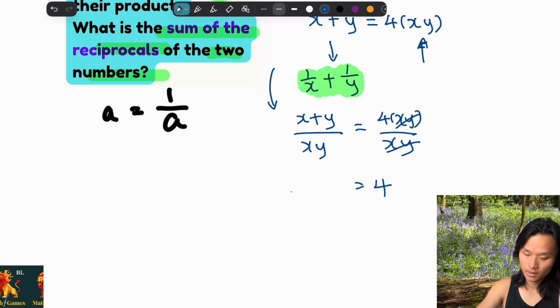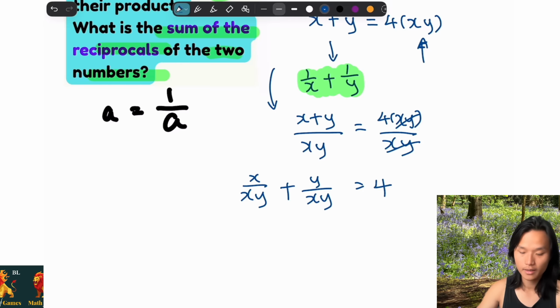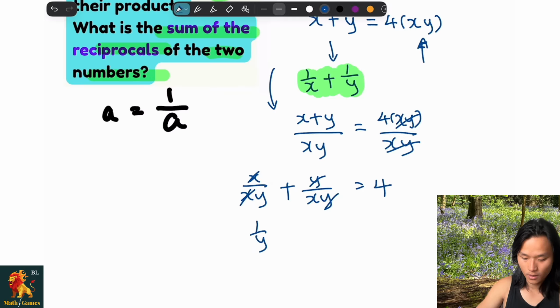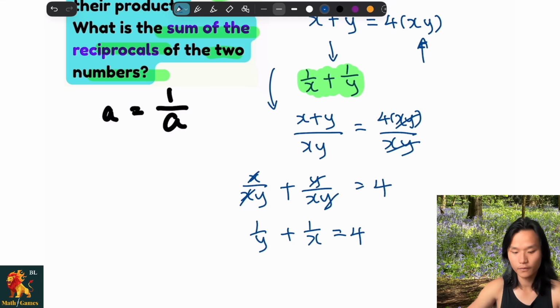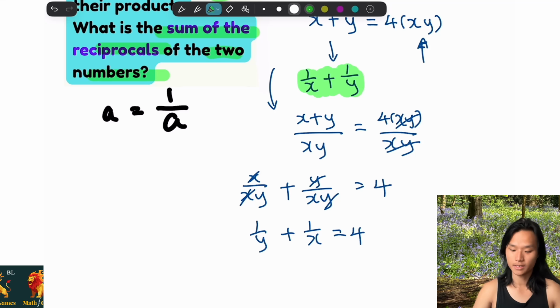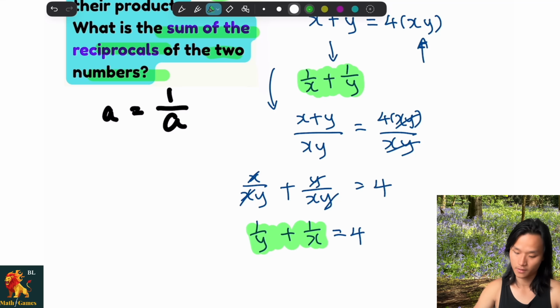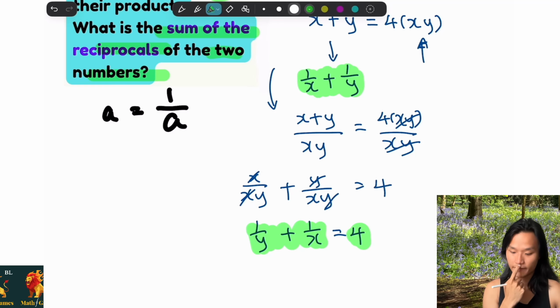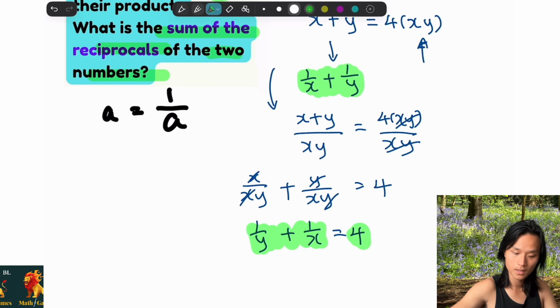And then on the left-hand side, we have x divided by xy plus y divided by xy. So the x's cancel out and the y's cancel out. We are left with 1 over y plus 1 over x equals 4. And as you can see, that's what we are after. So we find that the answer is 4.